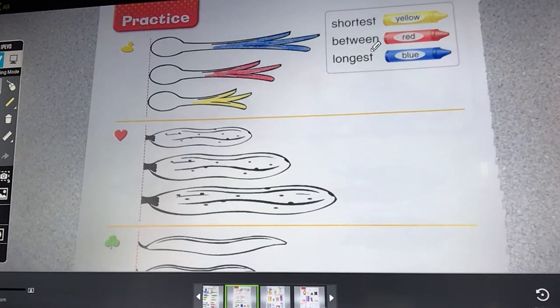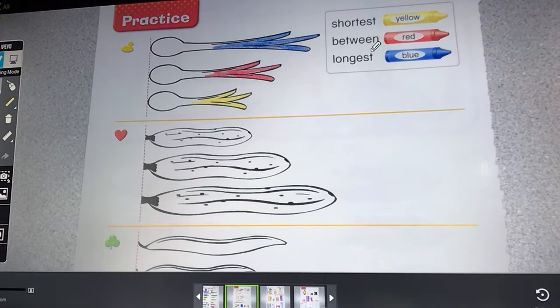Why don't you go ahead and see if you can do this side all by yourself. I'll give you a couple minutes, or you can pause it if I don't give you enough time, and then we'll go back and check it. Go ahead, do the yellow duck, the red heart, and the green clover.